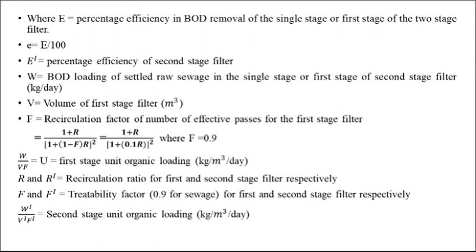So this is regarding the various formulae for calculation of efficiency in case of high rate trickling filter, maybe single stage trickling filter or two stage trickling filter. So this is sufficient in this lecture. Thank you.